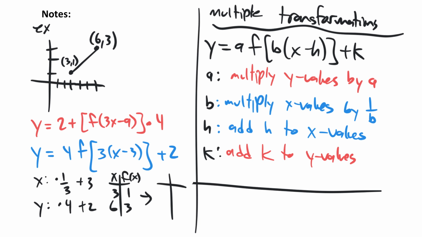let's see, so 3 times 1/3 is 1, plus 3 is 4. 6 times 1/3 is 2, plus 3 is 5. And then for the y values, 1 times 4 is 4, plus 2 is 6. 3 times 4 is 12, plus 2 is 14. And then you would just plot those 2 points on a graph.